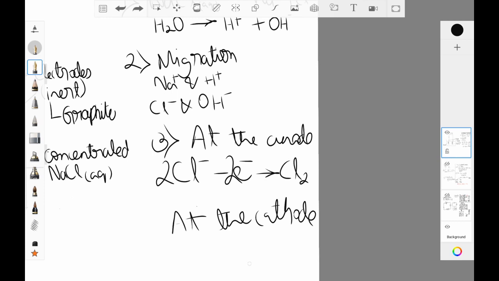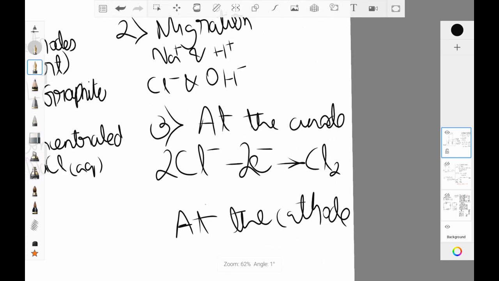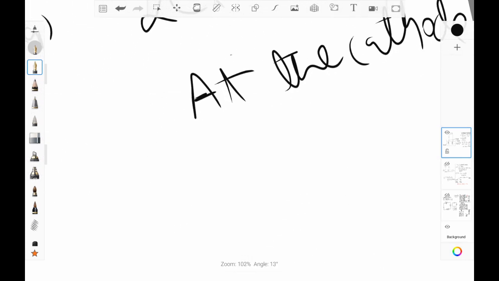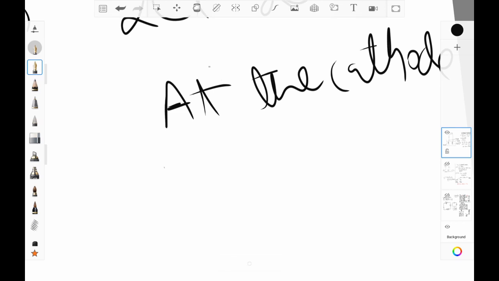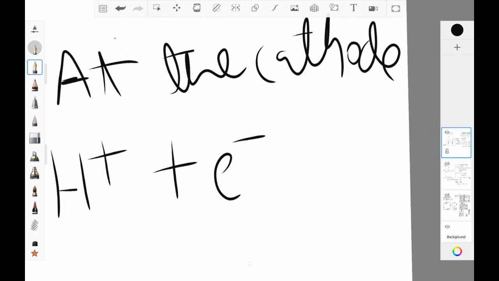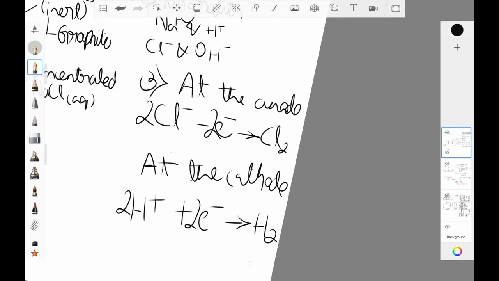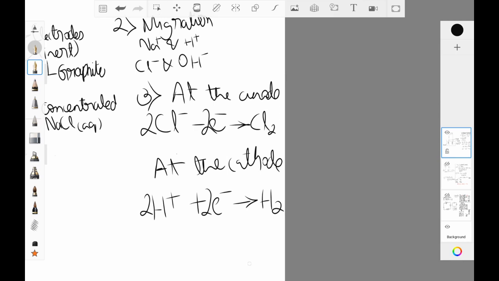The sodium ion, right off the bat, is really far below the hydrogen ion, so you will see the hydrogen ion discharging. So you have H plus 1 electron which gives you hydrogen. Remember, it's a diatom, so 2, 2, 2, and those are your half cell equations.